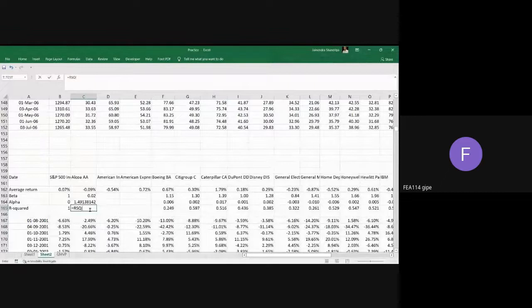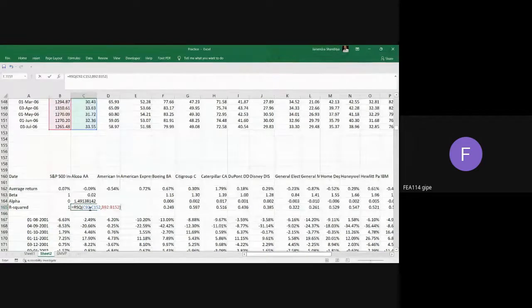I got an R square of close to 45.53%, which is okay, not that bad. Similarly, we'll have to do this for all the others, or all the others are already calculated, but let's do it for this one quickly.